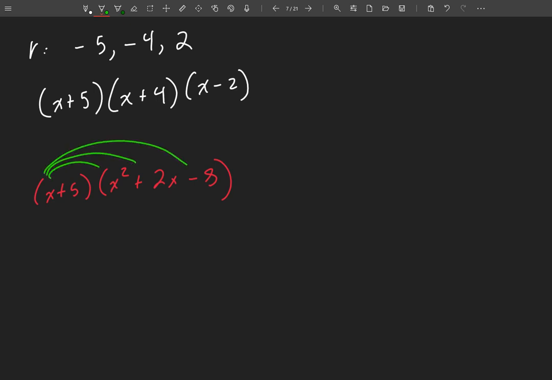So x times all 3 of those. Let's do that. x times x squared is going to give me x to the third. Now x times 2x, that's going to give me 2x squared. And now x times -8 gives me -8x. So I've now used the first term.